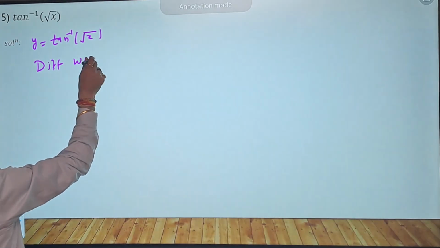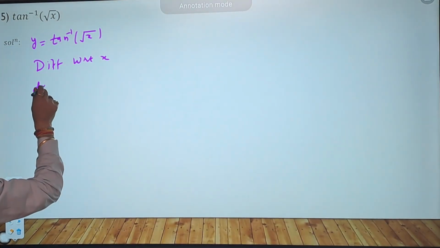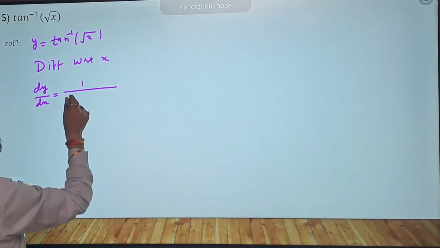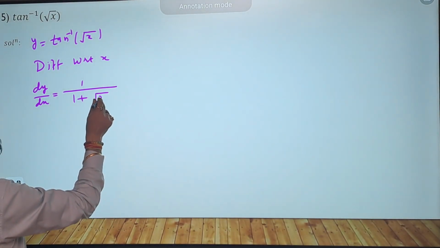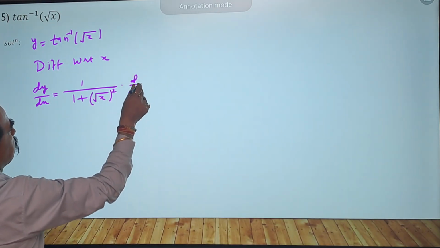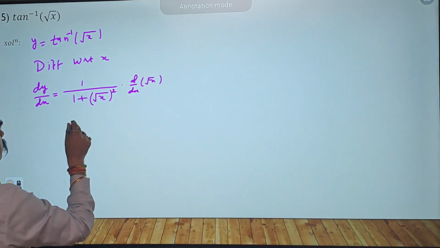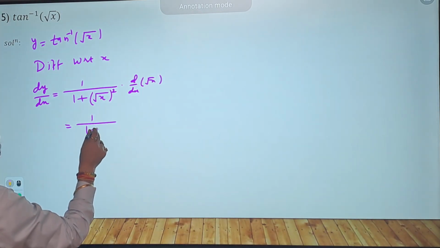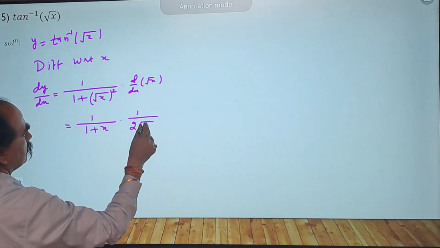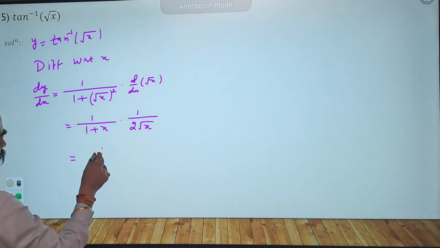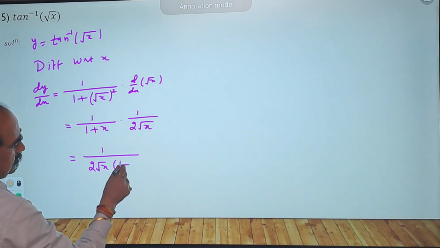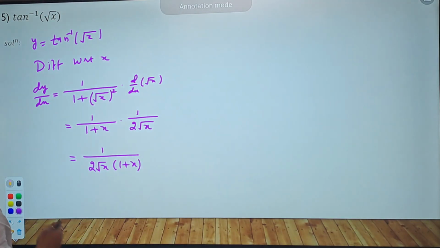Differentiating with respect to x. dy/dx is what? 1 upon 1 plus root x square into derivative of root x. 1 plus x, derivative of root x is what? Which is 1 upon 2 root x into bracket 1 plus x.